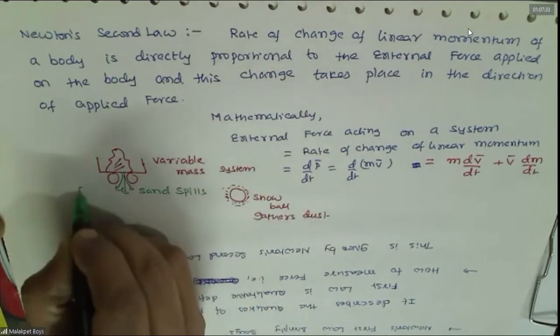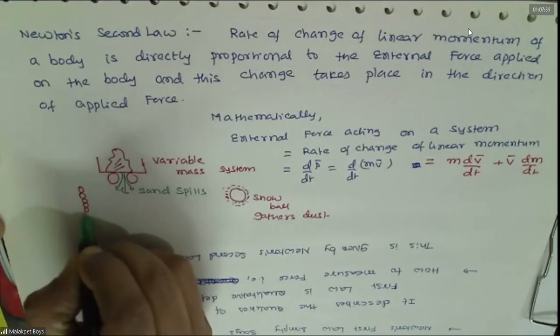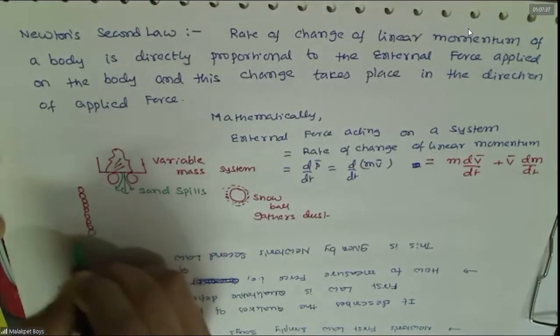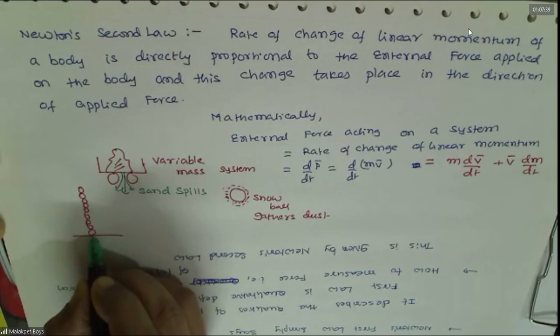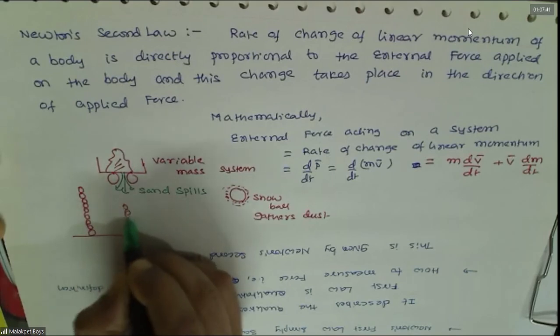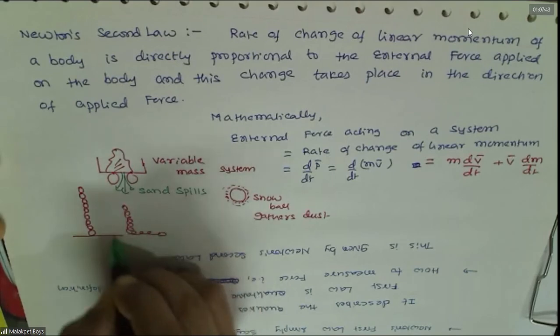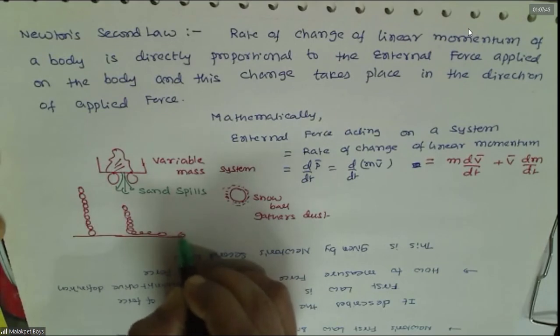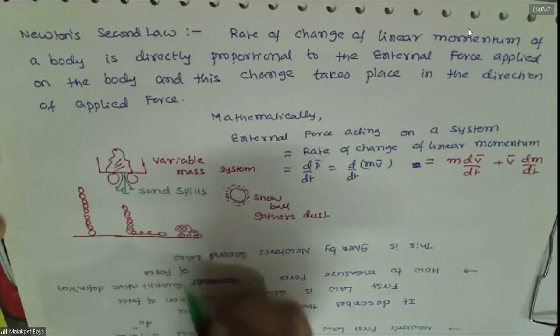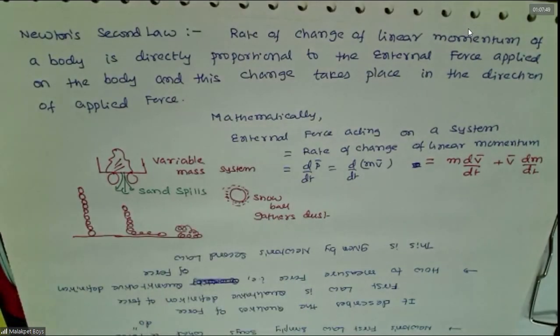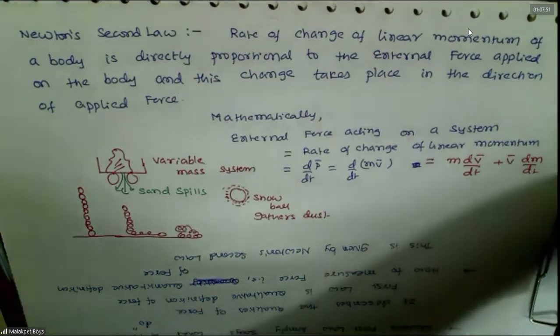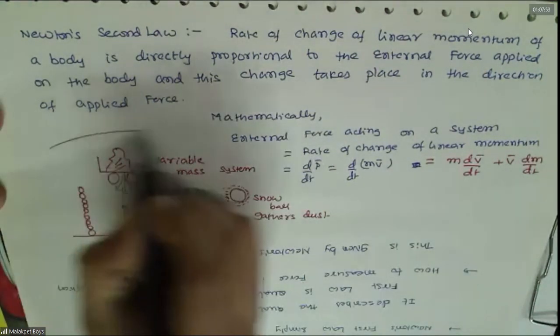For example, a chain or a rope is there. Initially only this part is on the ground, and slowly the amount of mass on the ground or the hanging mass is changing. So remember that mass need not be constant.